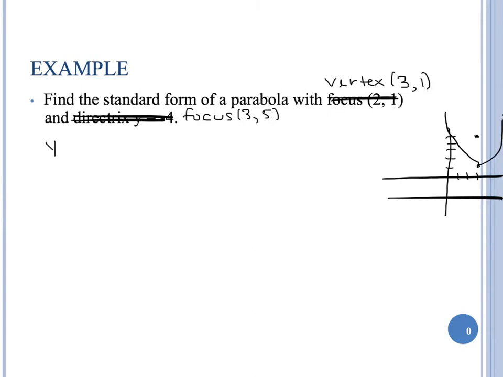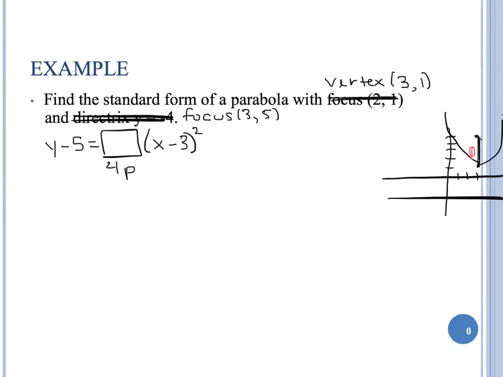So y minus 5 equals something I don't know yet, times (x minus 3) squared. So the something I don't know yet is called 4p. How do I find the p value? P is the distance in between my vertex and my focus. And in this case, I have a really nice vertical line, so I can literally count how many they are.